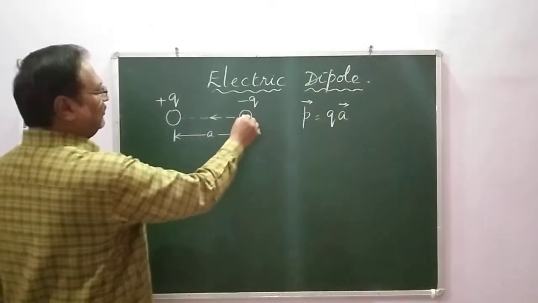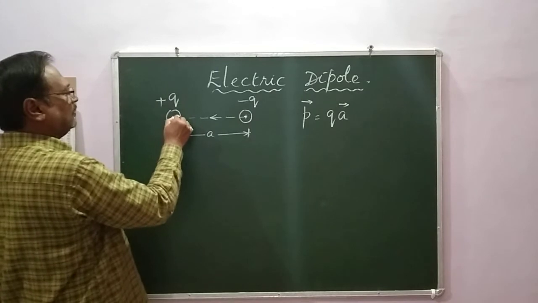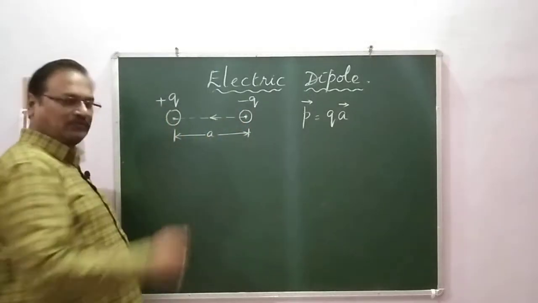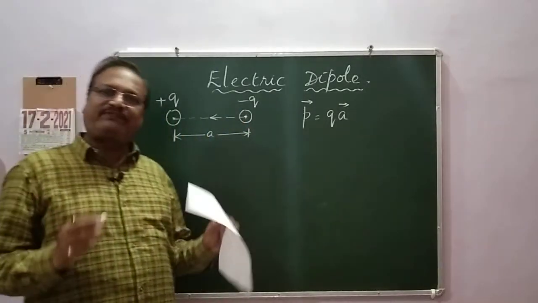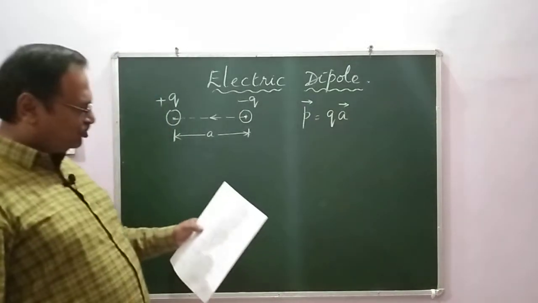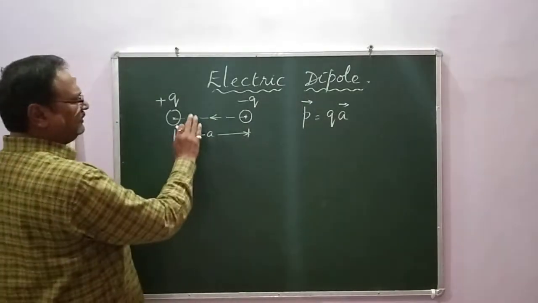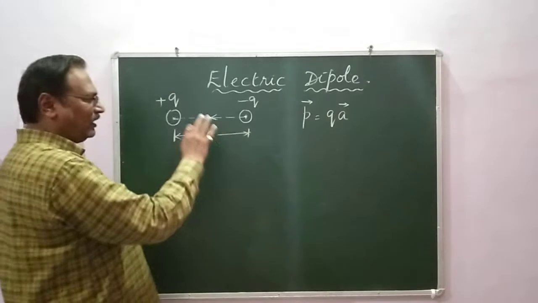You have to remember that the dipole moment will act from negative to positive, whereas electric field acts from positive to negative.